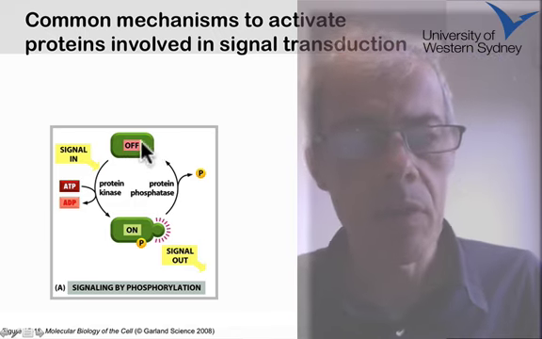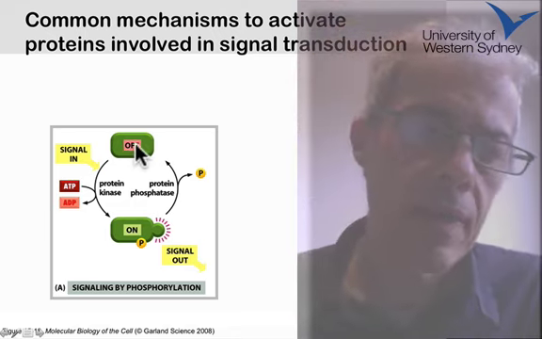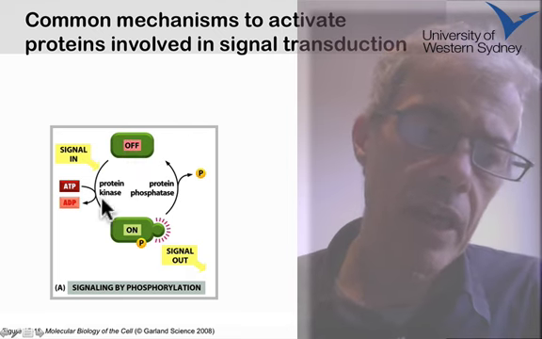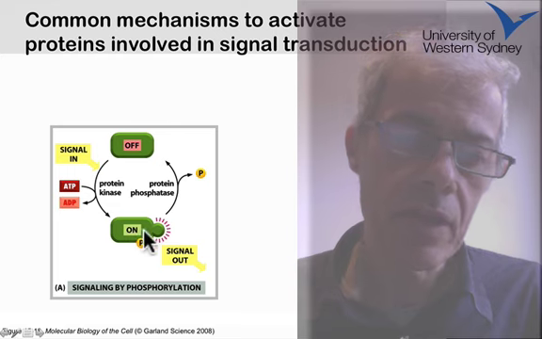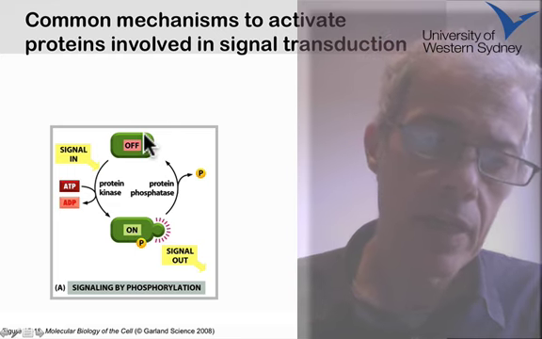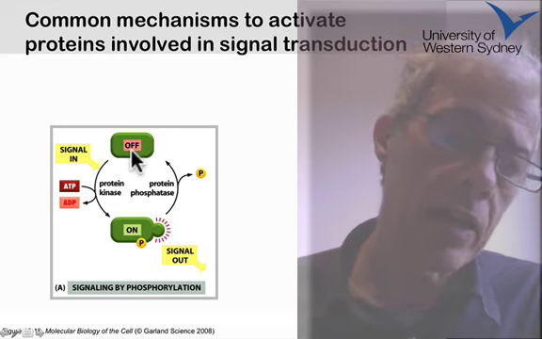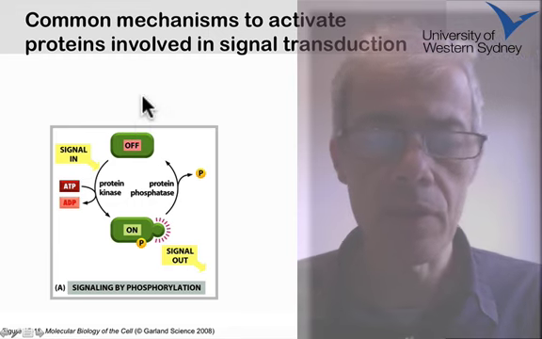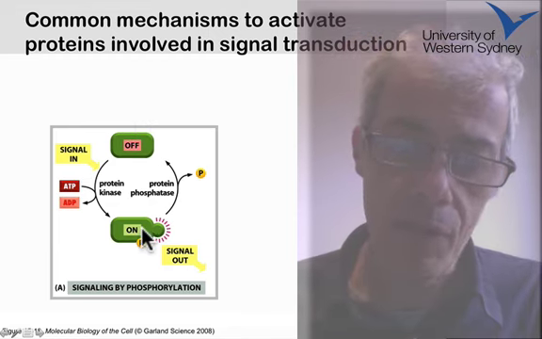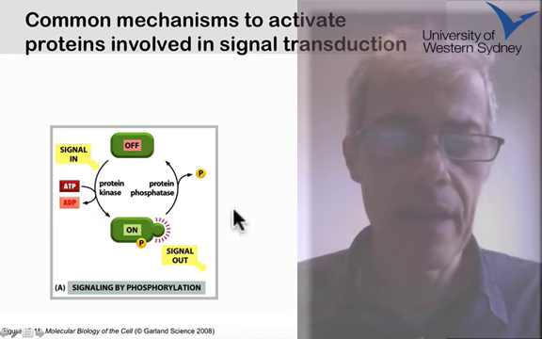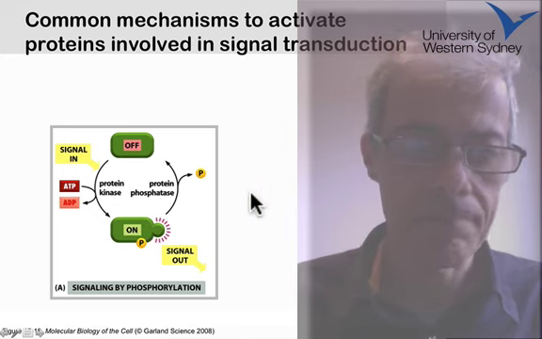Effectively we had a protein that was phosphorylated by a kinase, leading to an active protein, which could then be dephosphorylated by a phosphatase, typically giving an inactive protein, although some proteins are inactive when they're phosphorylated, but typically we think of them as being activated by phosphorylation.